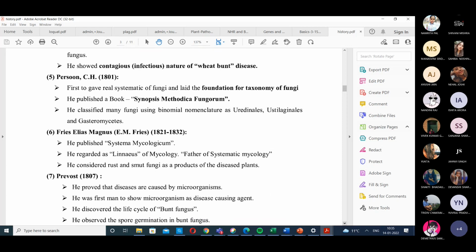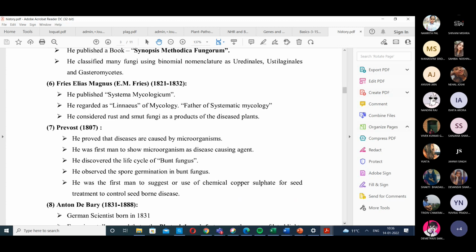In 1821 to 1832, he published Systema Mycologicum. He is regarded as the Linnaeus of mycology or the father of systematic mycology. And he also considered rust and smut fungi as the product of the diseased plant. So he believed that diseased plants produce the rust and smut kind of structures on the plant.